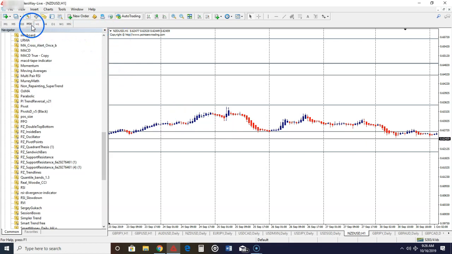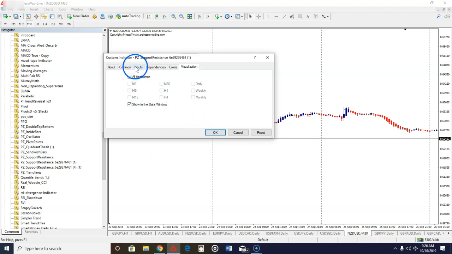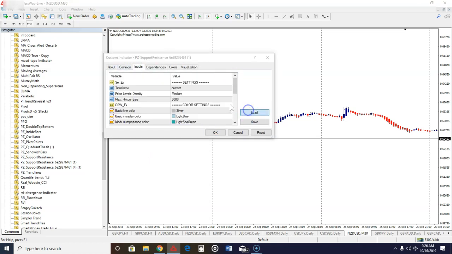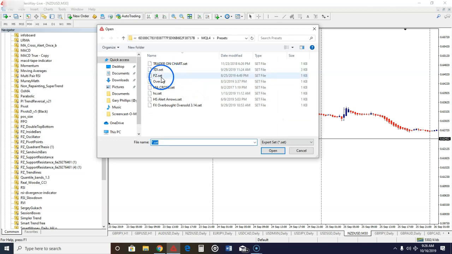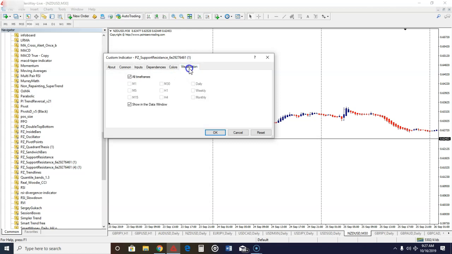Alright. Now, for the 30, 15 minute, 5 minute, I do all the same levels for those. I do it all based on the 1 hour levels. Load. I want to see 1 hour levels, but I want to see them on the 30, 15, 5 minutes.